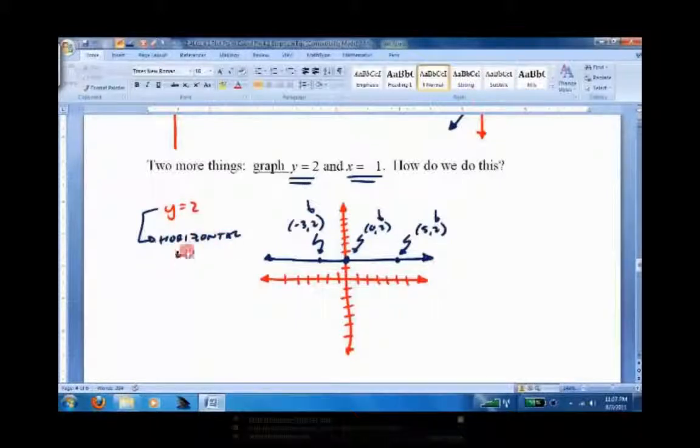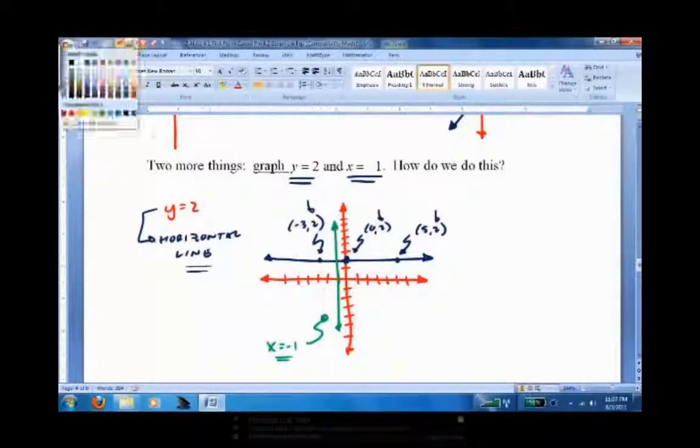And just memorize it. Make your life easy. And I'm not going to go into much detail with it. X equals negative 1 is a vertical line right there. And that's it. Always memorize it. Good luck practicing. Have fun.